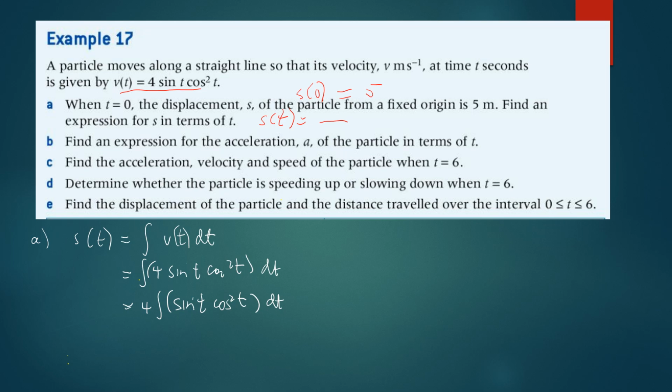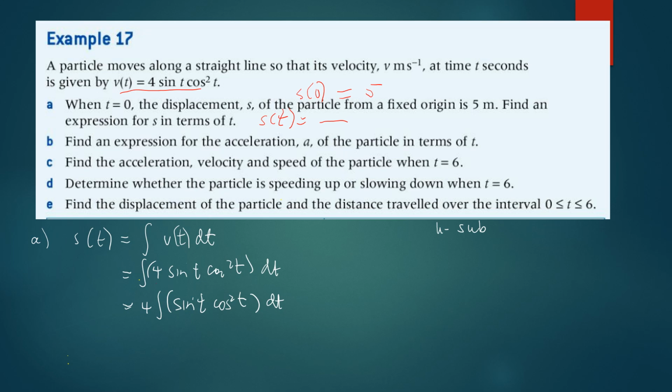Remember, even if you are using a calculator, your calculator will not give you the integral of this, so you have to do it manually. Okay, ready? So what we're going to use is the recently discussed rule, use substitution.